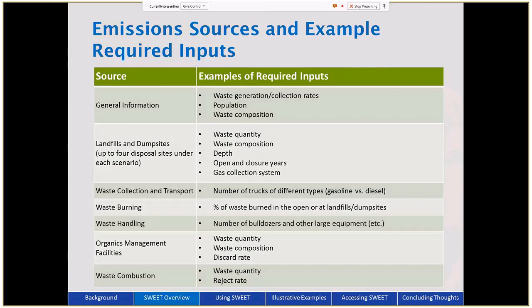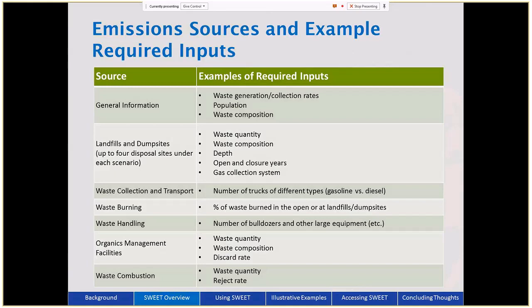And then for waste combustion, we only ask the user to provide the amount of waste going to a combustion facility, whether it's mass burn or RDF, and also a reject rate.